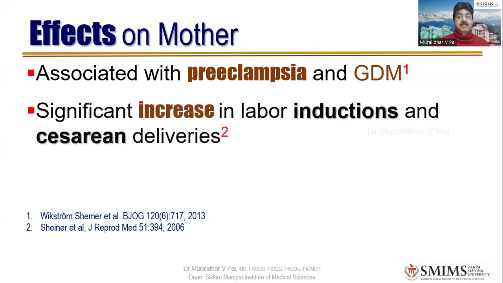There is a significant increase in labor inductions and cesarean deliveries. Caesarean can be spelled CAE or CE, both can be used, so I've just left it like that. Anyway, coming back to why there is induction of labor and cesarean delivery: generally when the liver enzymes are elevated, people get scared and don't want to wait for the normal delivery, and because the patient's problems are also increasing, they want to induce labor.